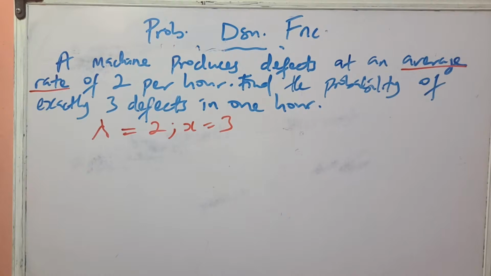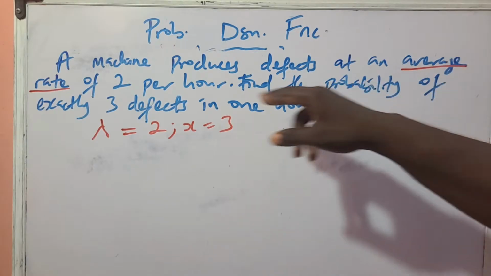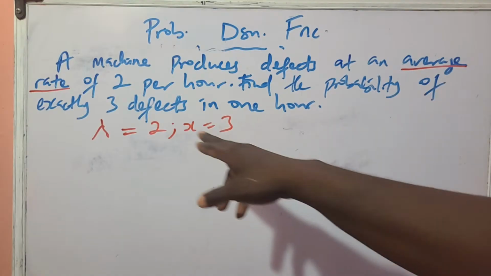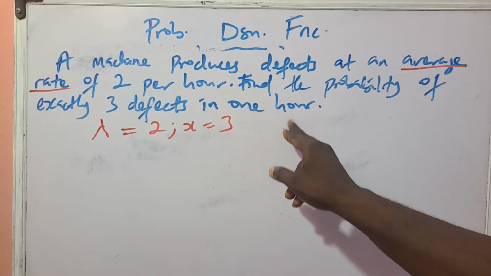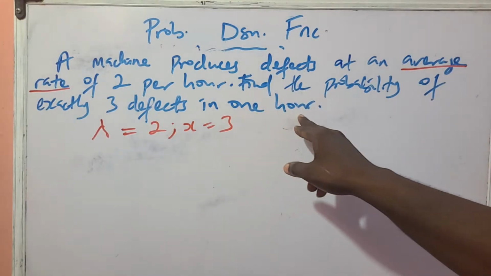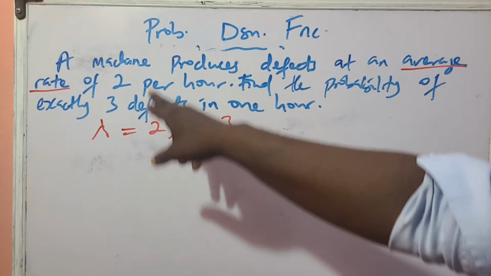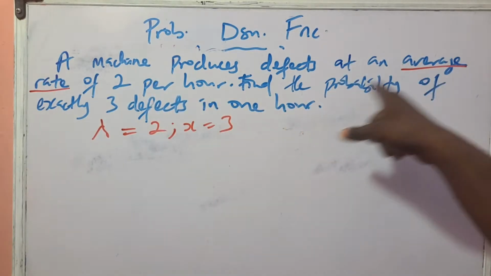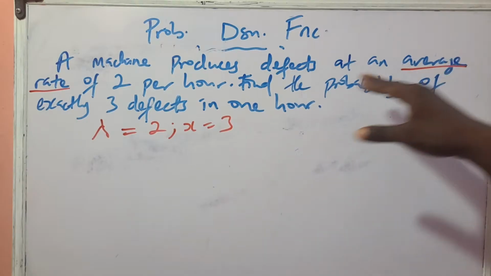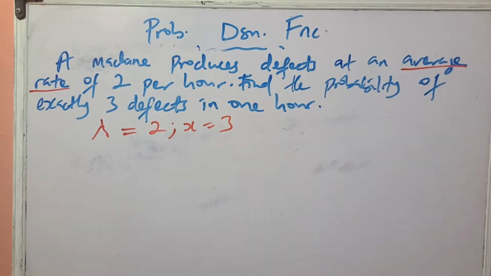Now, guys, I need to state one thing. This question is direct, but not every question will be as direct as this. The average rate was given as 2 per hour. The question told you to find 3 defects in 1 hour. Guys, if they told you to find 3 defects in 2 hours or 3 hours, your average rate cannot be 2 for this solution. Let me explain that. The average rate initially given was 2 per hour.